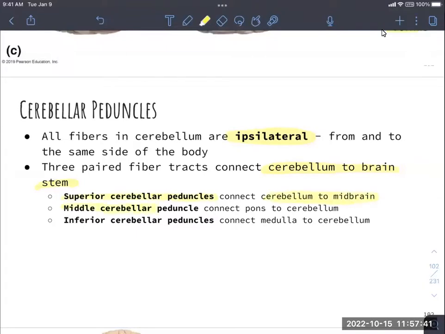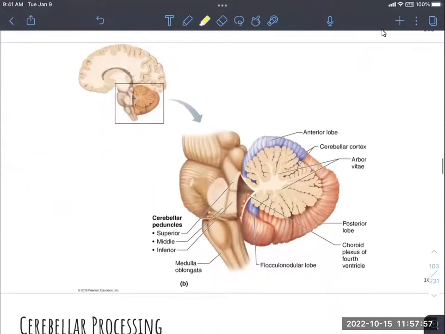The middle cerebellar peduncle, pons to the cerebellum, and that inferior cerebellar peduncle, medulla to the cerebellum. So it connects the different areas. So here again, those three peduncles. The superior, of course, is the highest, middle, then inferior.